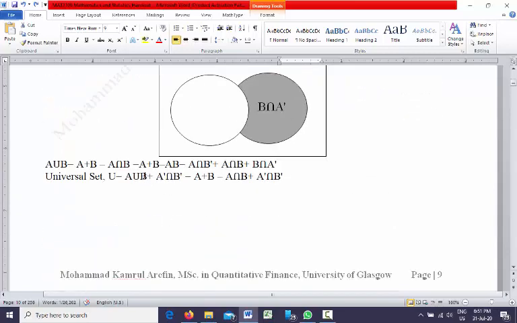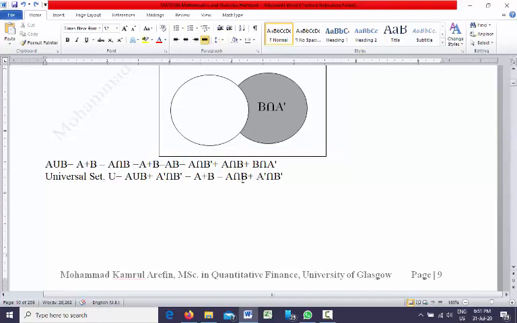So the universal set is A union B plus the shaded area plus the white area, which is A prime intersection B prime. The formula for A union B is A plus B minus AB.